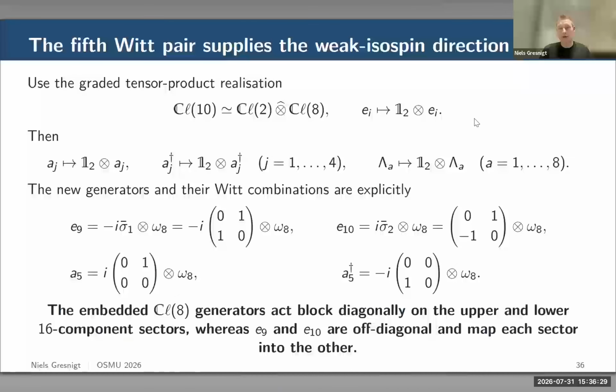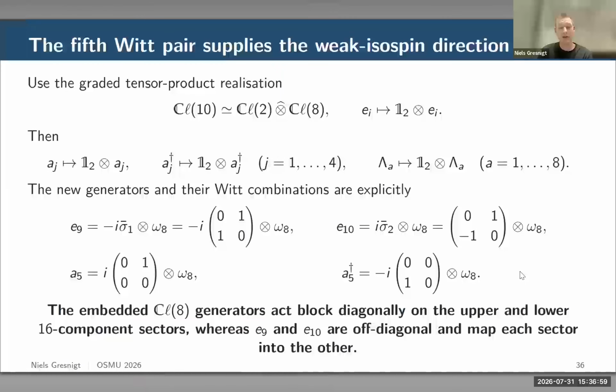Once we know how to embed the CL8 basis into CL10, then we can also check what happens to the Witt basis of CL8 and to the SU3 symmetry generators. So then we only need to write down the remaining two generators, E9 and E10, which I do in terms of these Pauli matrices. And then I can define the fifth Witt pair.